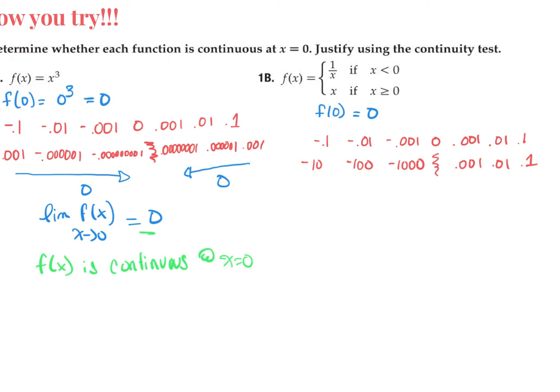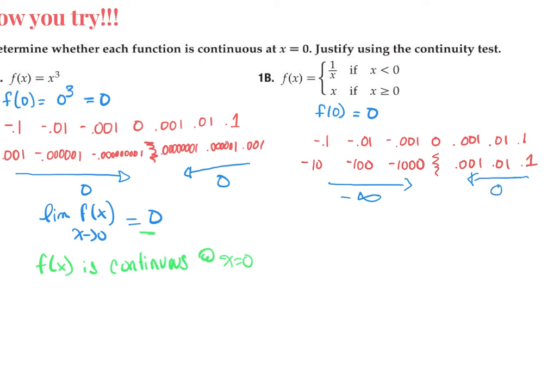For the second question, my f of 0 is equal to 0, but now when I'm analyzing my table, towards the right, I'm getting closer to negative infinity because my numbers are having big jumps. But on my other side, I am getting closer to the number 0.